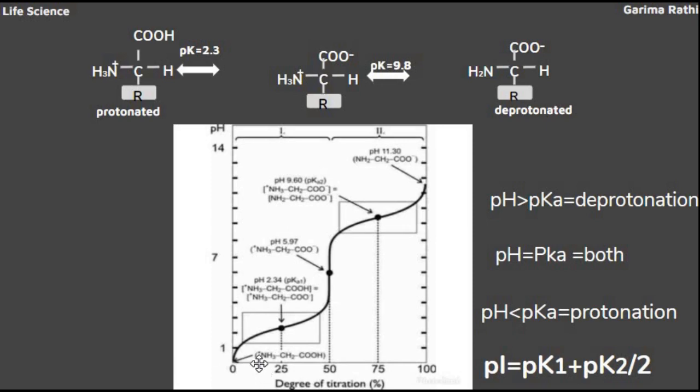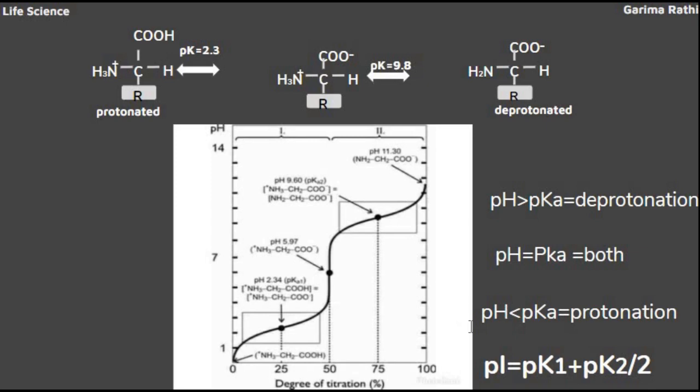What does that mean? At low pH there is a sufficient amount of hydrogen ion, but at high pH there is a sufficient amount of hydroxyl ion. To satisfy this charge, the proton of the carboxyl group and the proton of the nitrogen group are given to their surroundings, so that the amino group gets completely deprotonated.